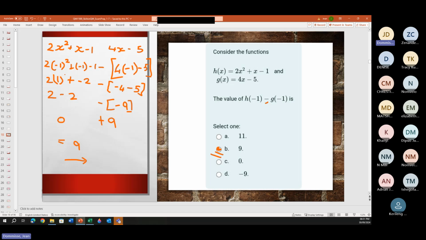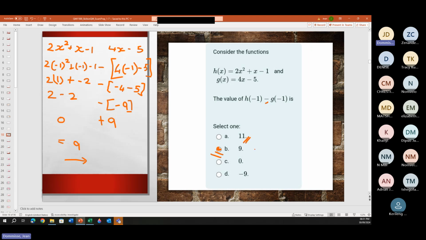But you can also see here, if you've made a mistake in this one and got something different, or you said -1 times 2, then 2 to the power of 2 would be 4. 4 minus 2 is 2. 2 plus 9 is 11.